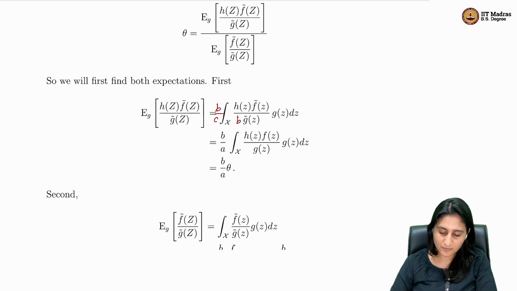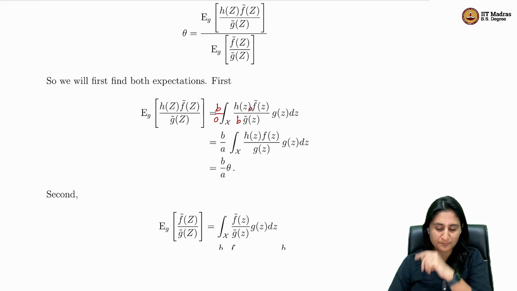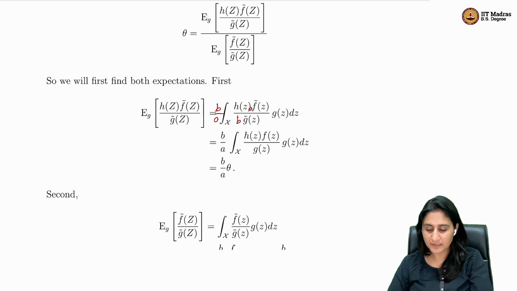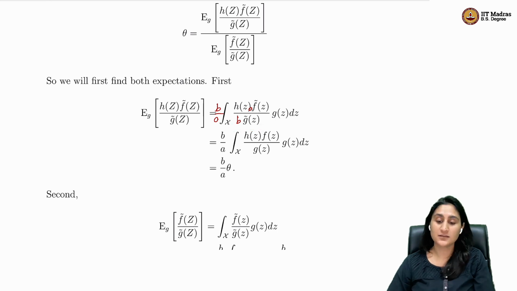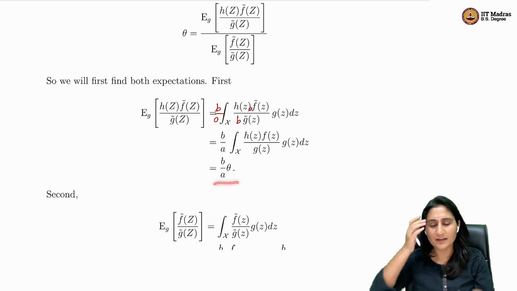And then while I'm at it, also divide by a, and I'll have a left over here. Okay. Now this b tilde times b times g tilde is nothing but g. And there's a times f tilde is nothing but f. So I get b by a equals integral of h f by g gz dz. This gets cancelled, and now I just get integral of h of z f of z dz, which I know is nothing but theta. So I get b by a times theta.